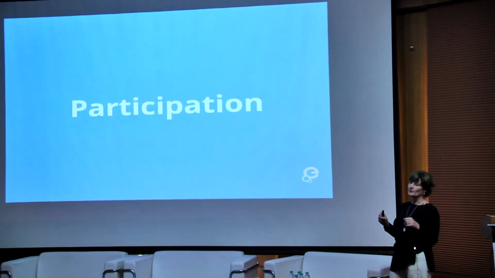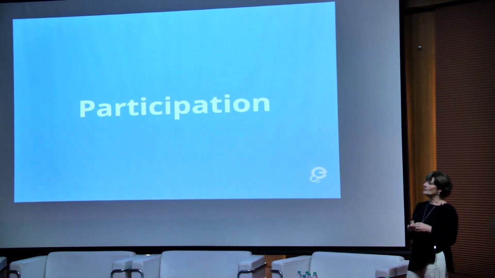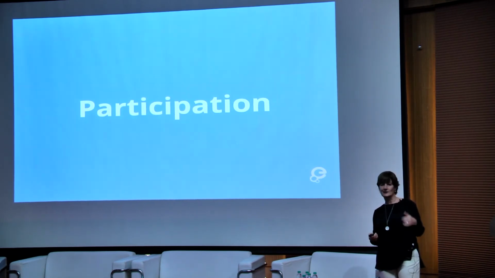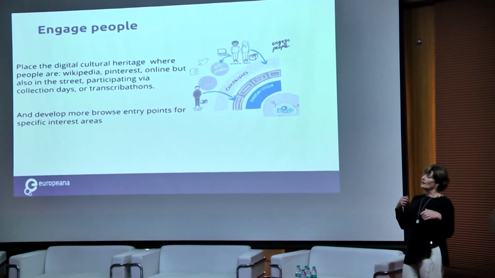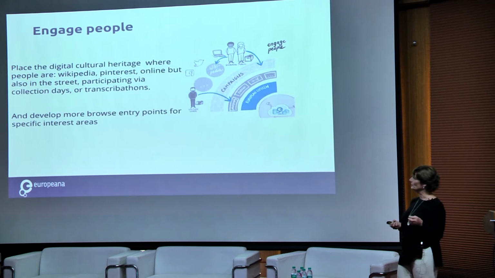Which brings me to the final part, which is around participation. So this is really reaching out to the end users to get them to participate in material and improve the material. It goes to my fifth market, which is around engaging people, where we place the material where the people are.